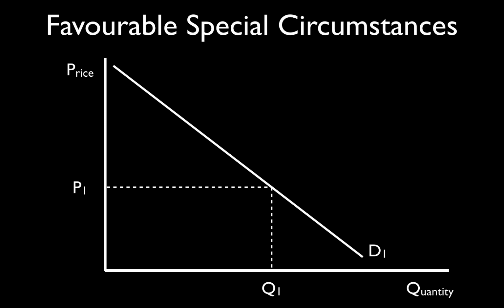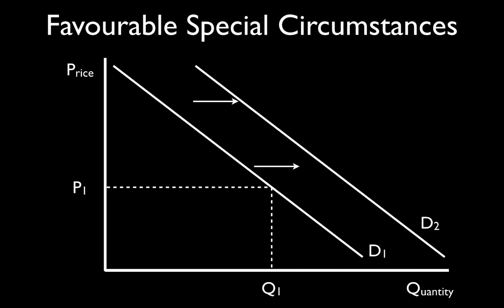Okay, so if there are favorable special circumstances, and what I mean by that, if this is the demand curve here for ice cream and there's a heat wave and everyone's like, oh, for God's sake, I need something to cool me down, well, then that means there's going to be an outward shift of the demand curve. Now, what does an outward shift of the demand curve mean? That means that at every price, more is going to be purchased.